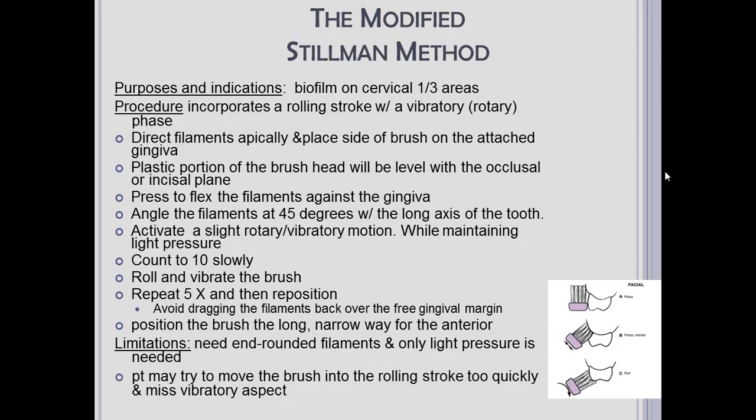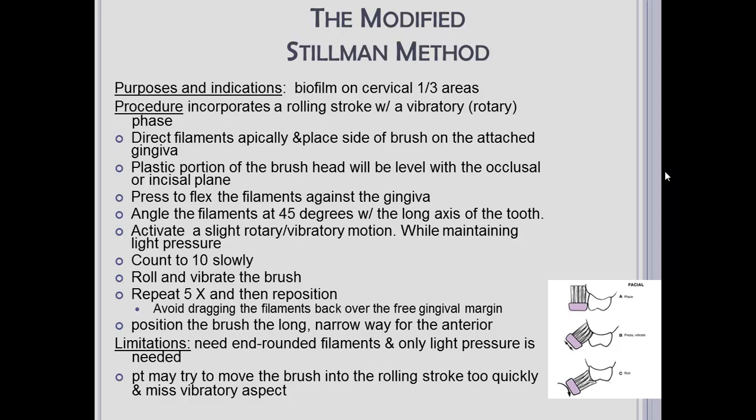So the placement is just like the other one. And then you're going to press and flex the filaments against the gingiva. Angle the filaments at a 45-degree angle with the long axis of the tooth, and you're going to activate a slight rotary or vibratory motion while maintaining light pressure.